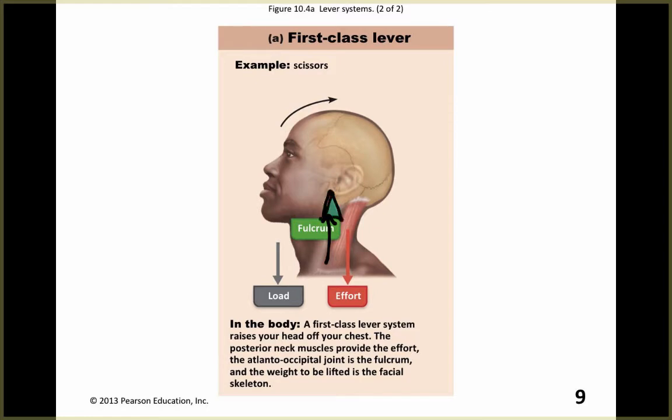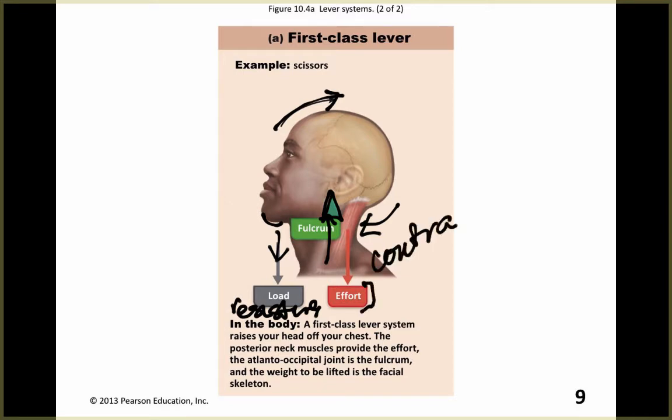The fulcrum, or that fixed point, is in the middle, and you want to look up. The weight or the resistance, which is the load, is forcing down here. And so this muscle in the back, for you to lift your head up, is going to have to contract. And that's where you're getting the effort in.